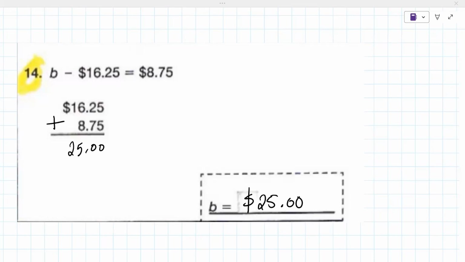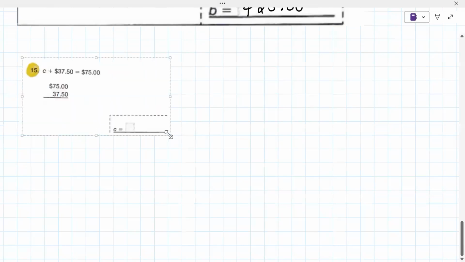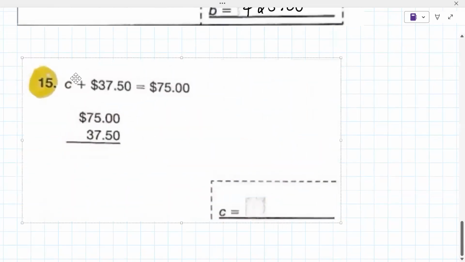All right, let's take a look at 15. So we got a number plus 37.50 equals 75. How is this number compared to 75?